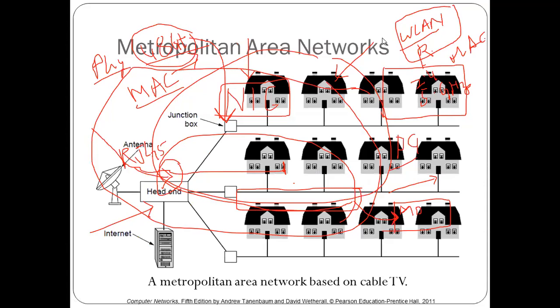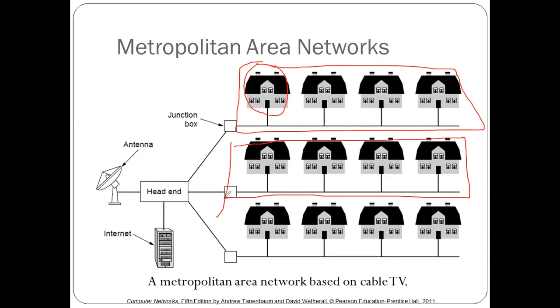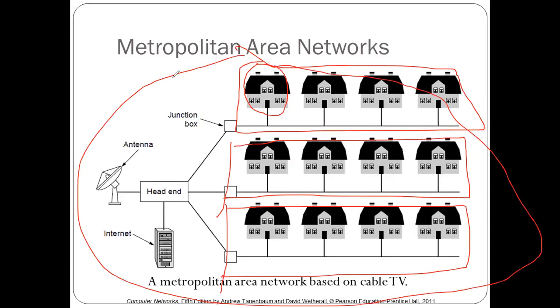Moving to the next, you can see over here we have a metropolitan area network, where we have different networks. You can say this is one network which is connected to another network, and the network range is something around 10 to 100 meters. We can make use of fiber optics over here because we have to carry more data.